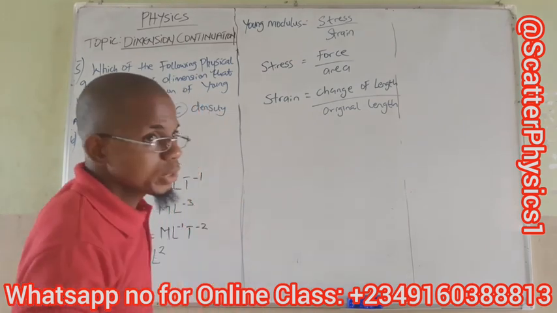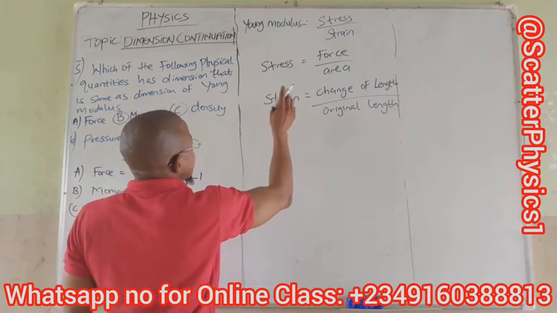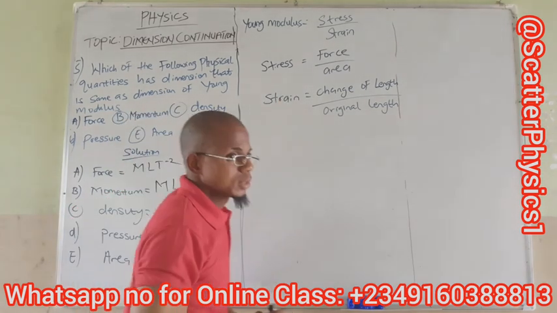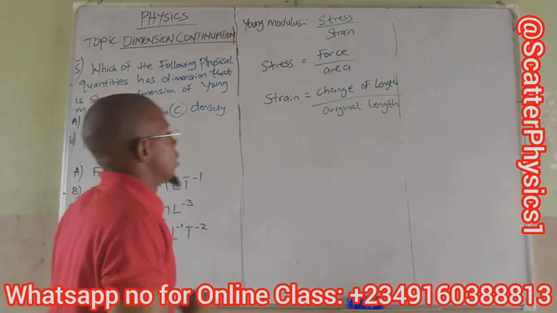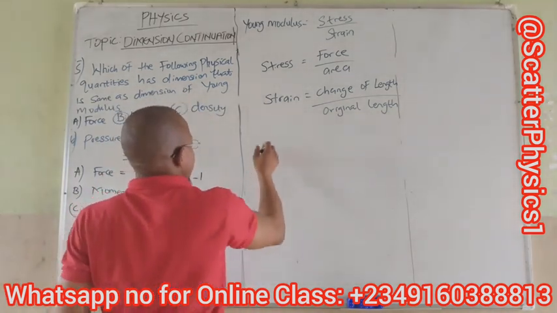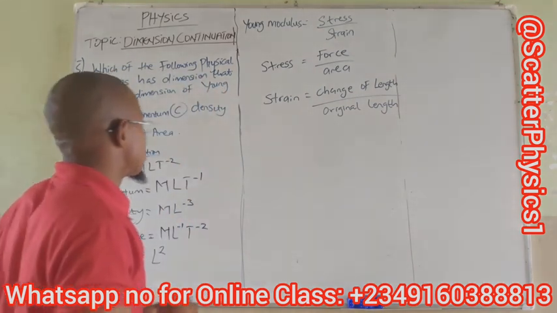So if we look here now, we will see that strain is dimensionless. So if we look at stress, which is force over area, let's solve it first before we determine which option has this.